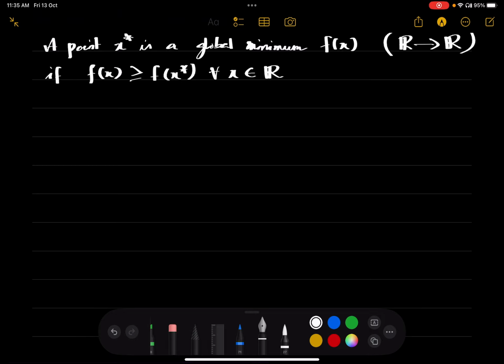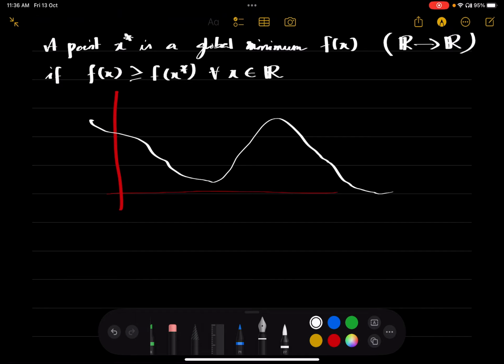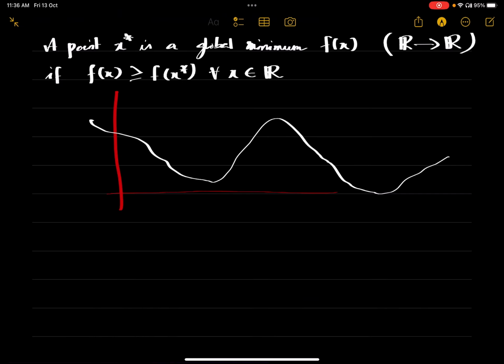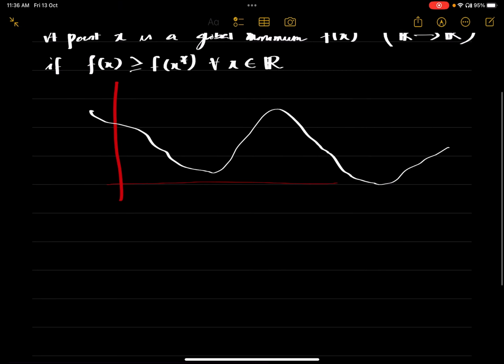We have a function which goes something like this. It extends all over the real line, but right now we have just taken a snippet of that function, the value of the function in a particular interval, and see how it is going.